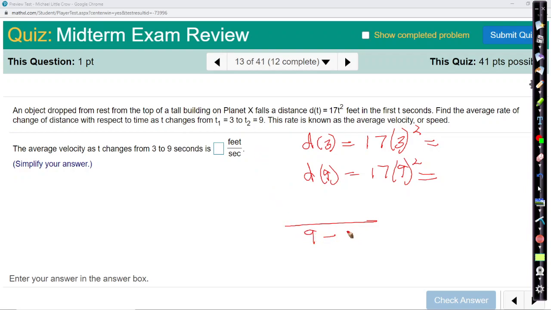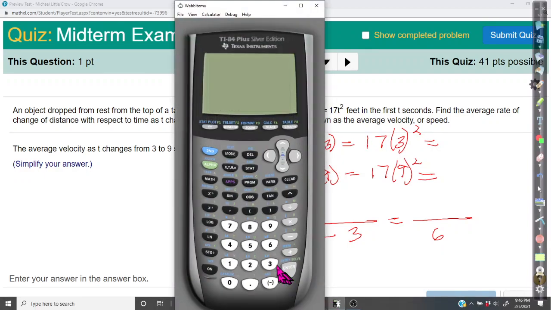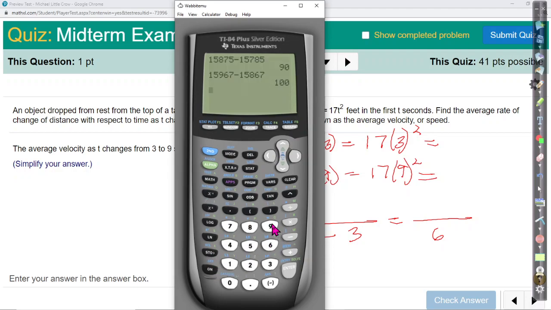Now these two numbers will be the y values, and in the bottom we'll subtract off the x values. Now, we can do it with a slope formula, right? So the bottom is going to be 9 minus 3, which is 6. Whatever we get here, this is going to be 9 times 17. 9 times 17 is 153.